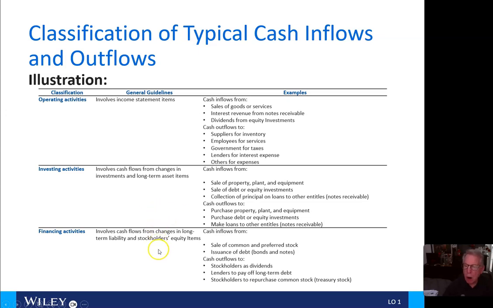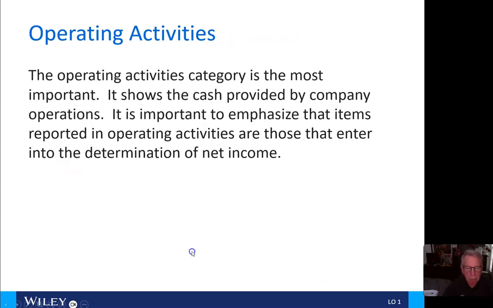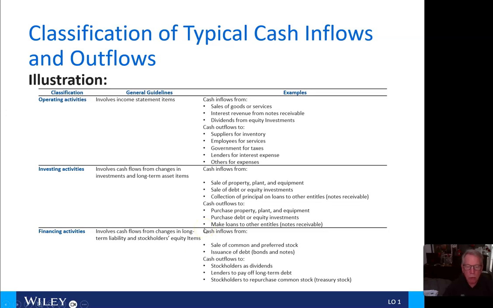And then our third classification, financing activities, involves long-term liabilities as well as stockholders' equity items. Our cash inflows would occur from the sale of common or preferred stock and the issue of debt, bonds, or notes.